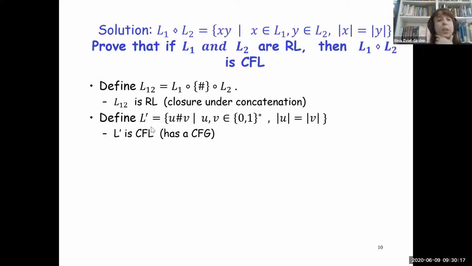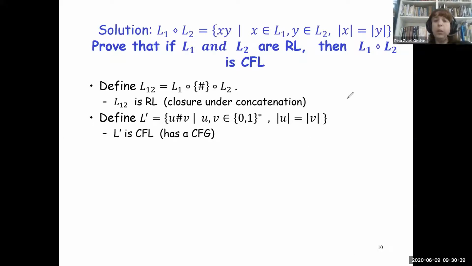We define an additional language, L cap, as U DS sign V, where the length of U equals the length of V. And we know that this language is a context-free language. We did it during last week's recitation.